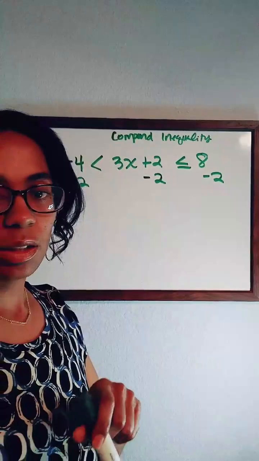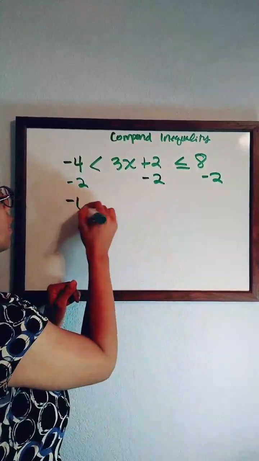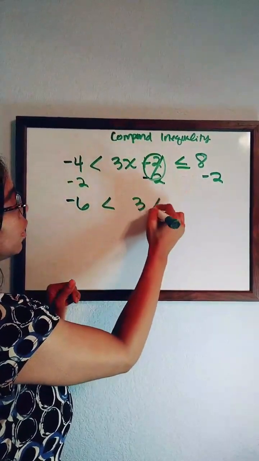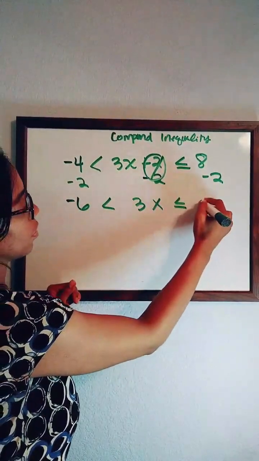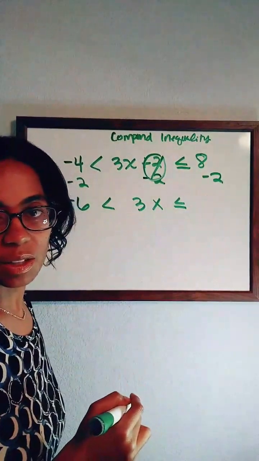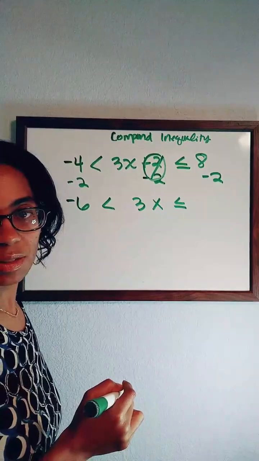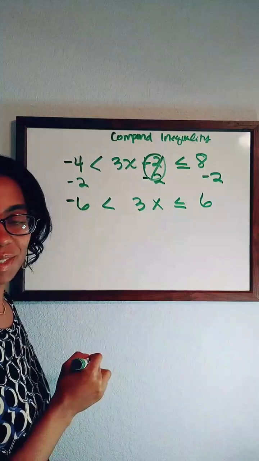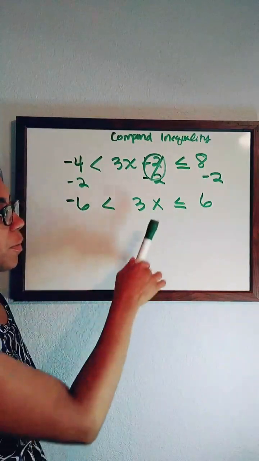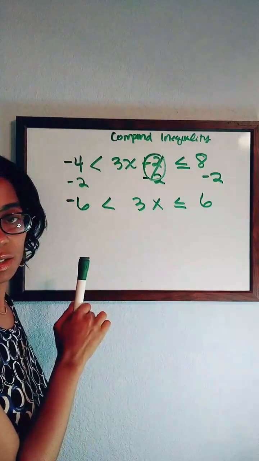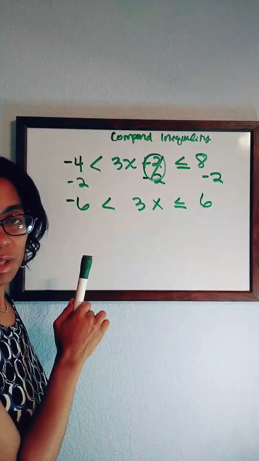So we have -6 is less than 3x less than or equal to 8 minus 2. Not -6, but is it negative or positive? Yeah, positive. Very good, Nay. Excellent. All right, remember we're moving everything away from x to the outside. So our last step, we have 3x.